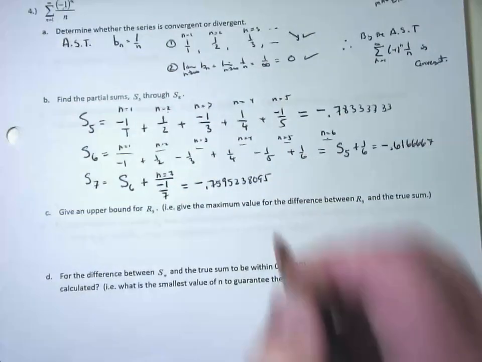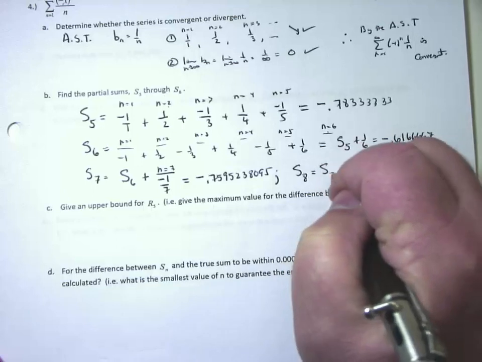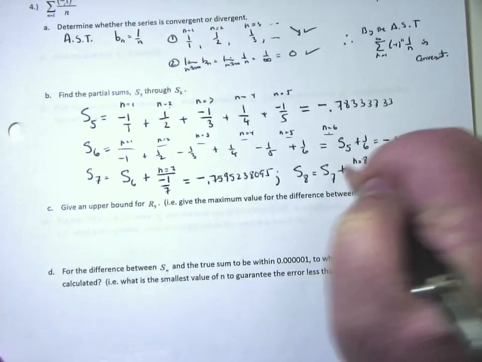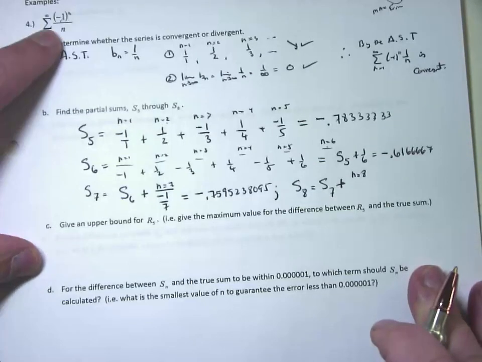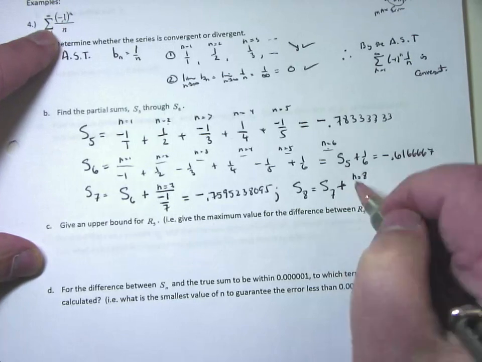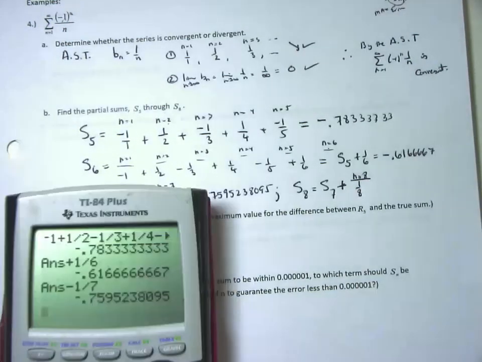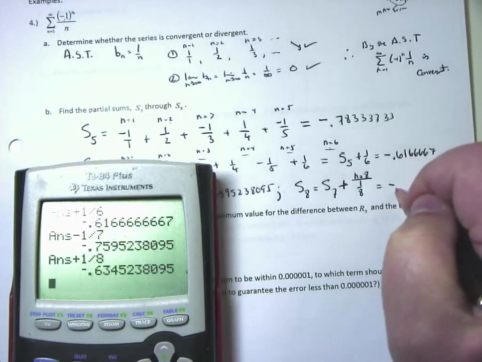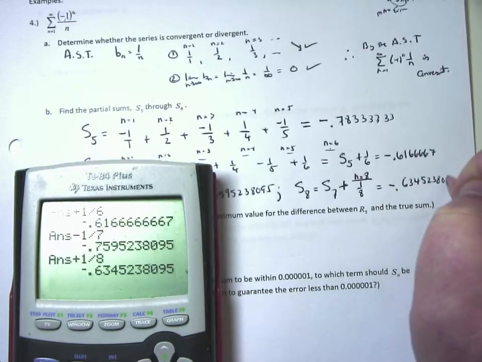And the last one, S8, would be S7 plus one more, n equals 8. Negative 1 to the 8th power is 1, so that'll be plus 1/8. I take this answer and add 1/8 to it, and I get negative 0.6345238095.